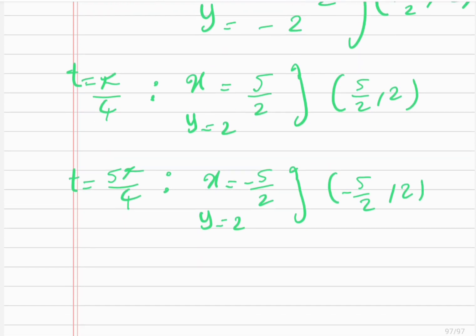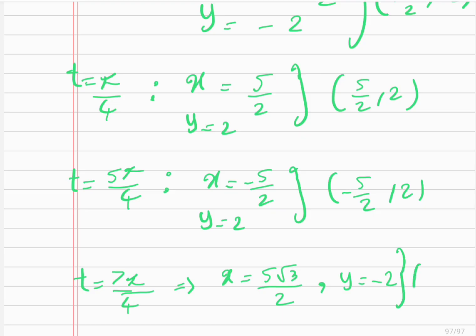And finally, the last coordinate is when t is equal to 7 pi over 4. In that case, x is equal to 5 root 3 over 2, and y is equal to minus 2. So the coordinates are going to be 5 root 3 over 2 with minus 2.